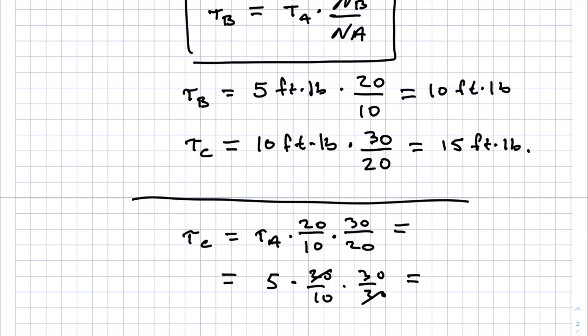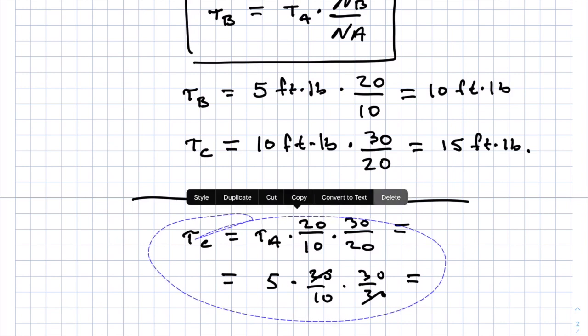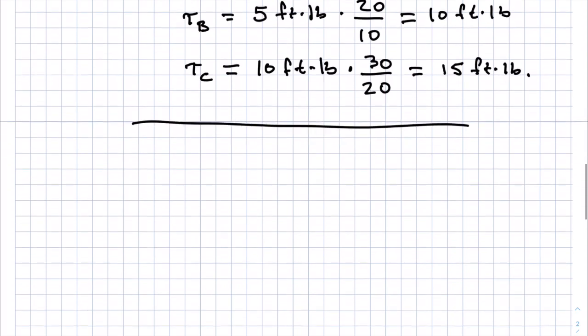I noticed also that I could have gone straight from knowing the torque provided at gear A, and using the gear ratios to find the total torque at gear C. I look at these cascaded gears and I have NB over NA times NC over NB.